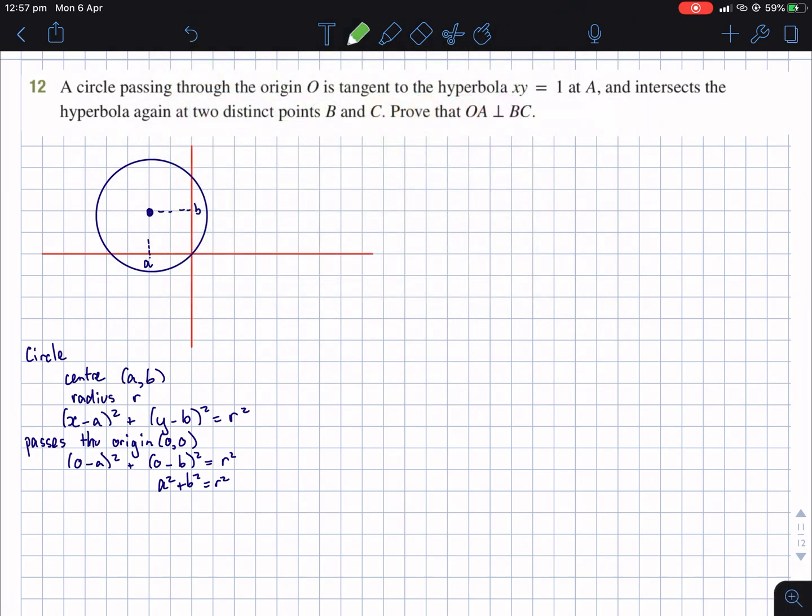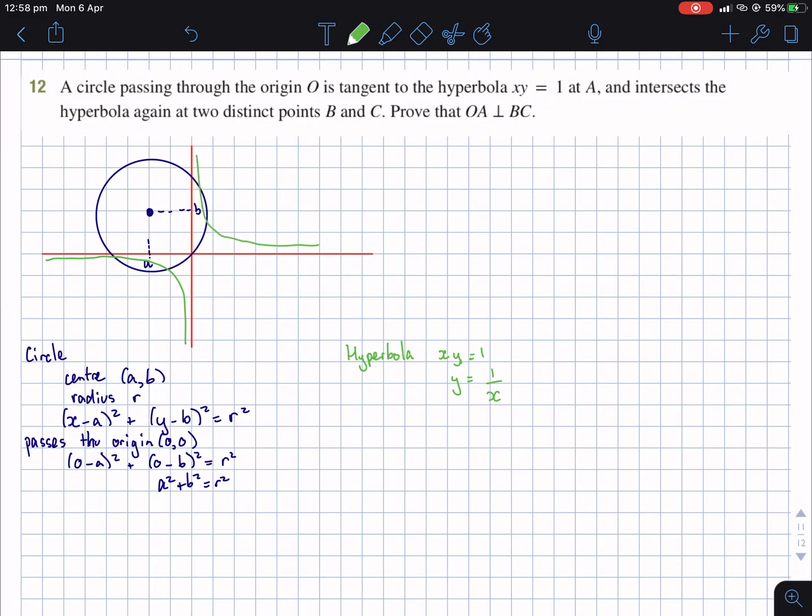Now let's look at the hyperbola xy equals 1. This means y equals 1 on x. So that's going to go through here and here.